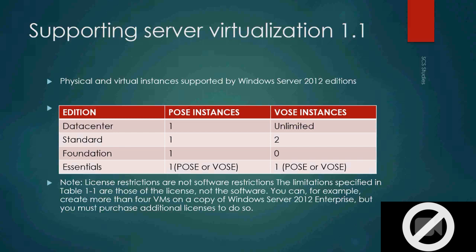That means the operating system is one thing and the licensing is something different. Licensing will help you choose the correct operating system as per your requirement. So these are the basic differences.